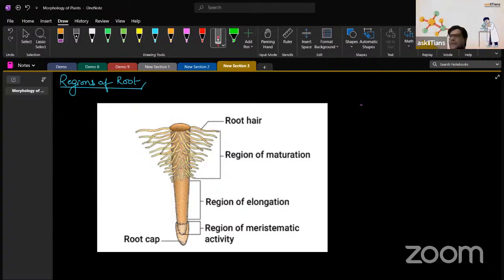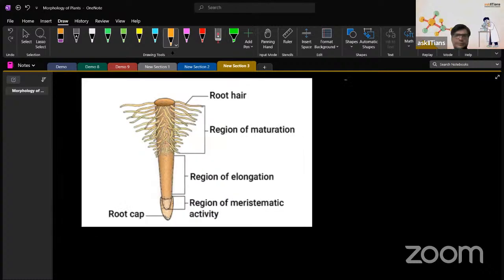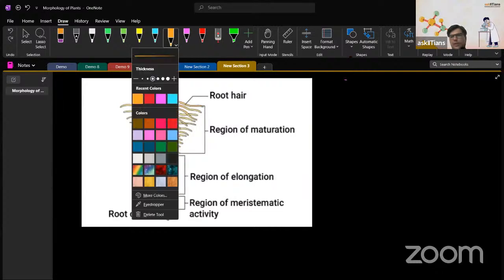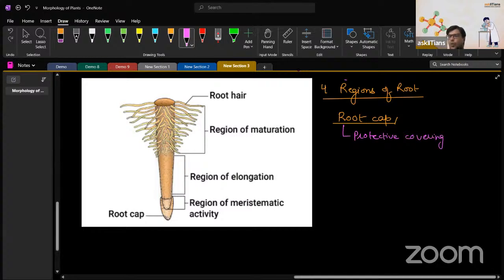So, the four regions of root. First of all, we have the root cap. We are rooting for the root cap. First, we need to understand that a root cap is a protective covering present on the root apex.